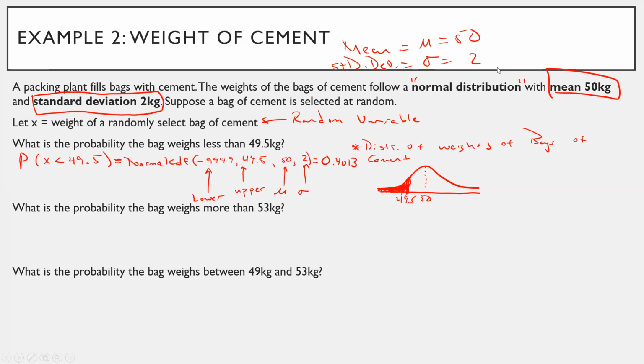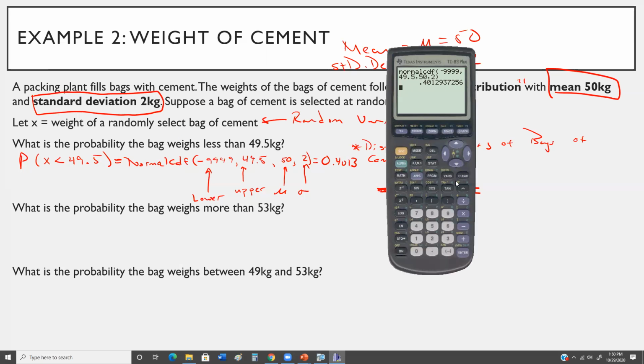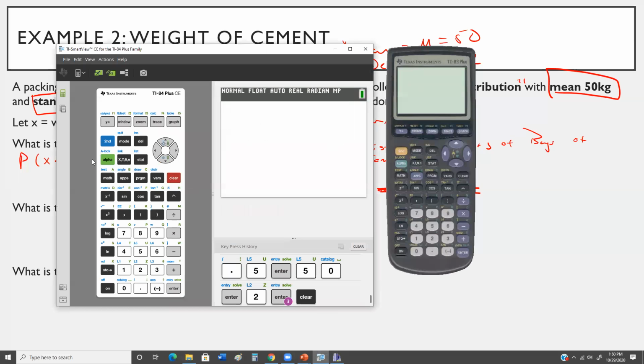My calculator is saying error. So the most common error, do you have a TI-83? 84? The most common error is when you're putting in the negative number, are you using the subtraction sign or the negative sign? You have to use the negative sign here. Do you see on the screen, I have my mouse hovering over it. It's next to the enter key.